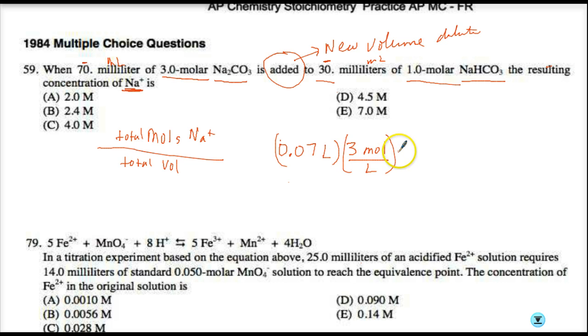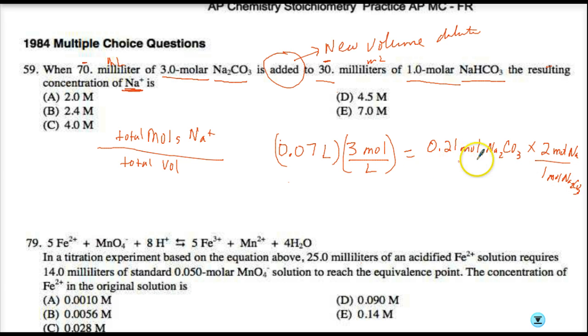So let's see, we have 0.21 moles of Na2CO3 times the 2 moles of sodium ions that occur in every 1 mole of the Na2CO3.